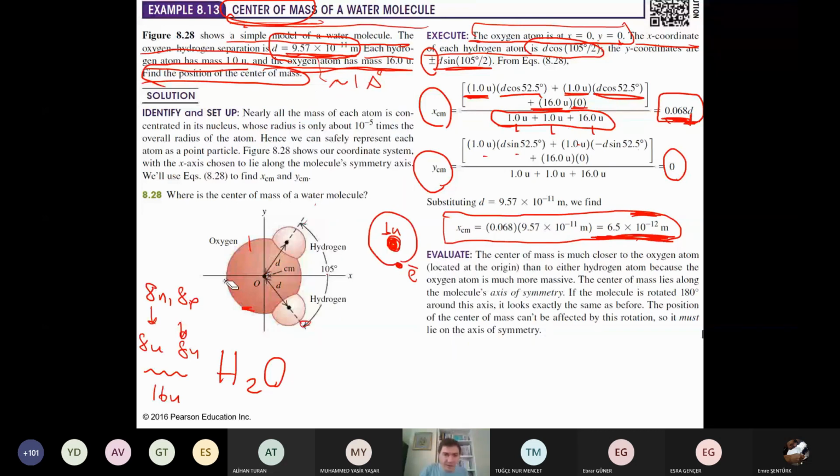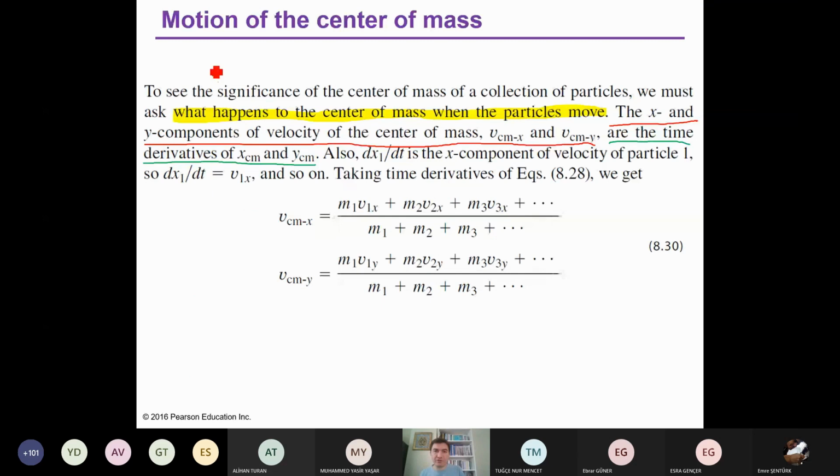The center of mass is shown with this arrow, and the center of mass is somewhere here, which is very close to the origin, very close to the center of mass of the oxygen. Why? Because oxygen is very heavy. The mass of the oxygen is huge compared to the mass of the hydrogen atoms in the water molecule. Any question here?